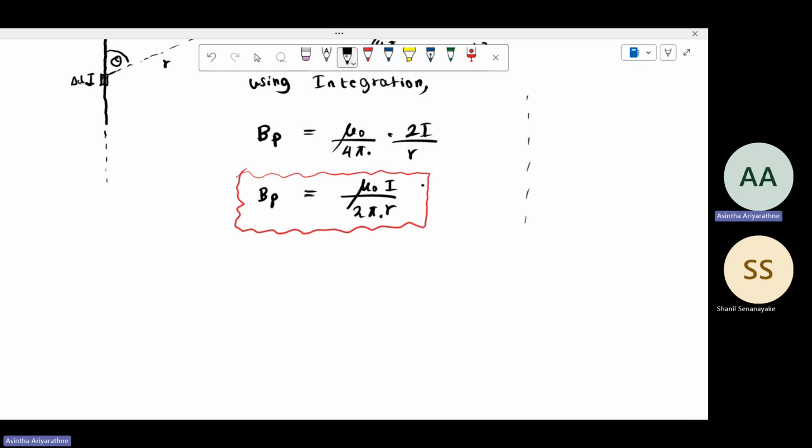Let's say you are given a current carrying conductor like this, infinitely long. Then you are asked to find the magnetic flux density here at P, so you have to get the perpendicular distance r.